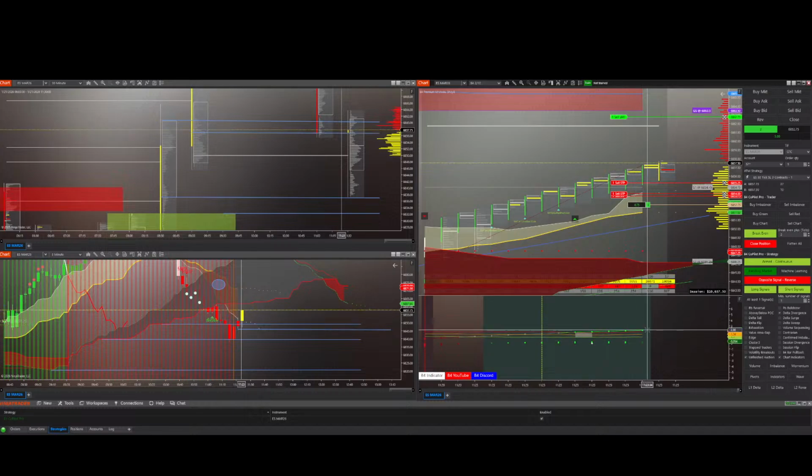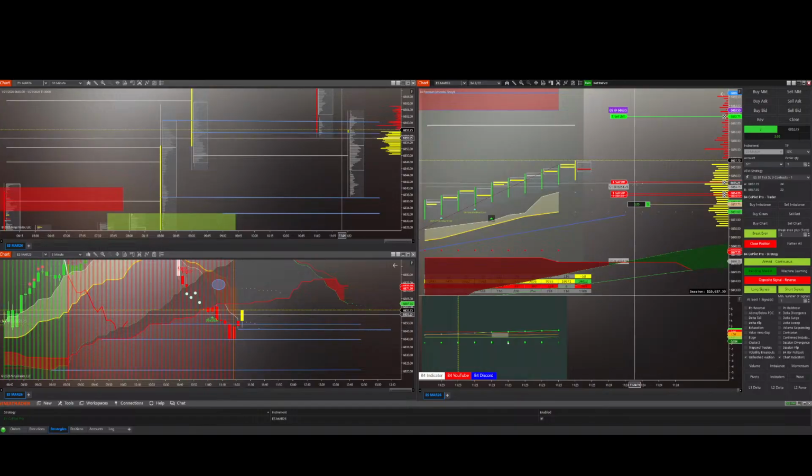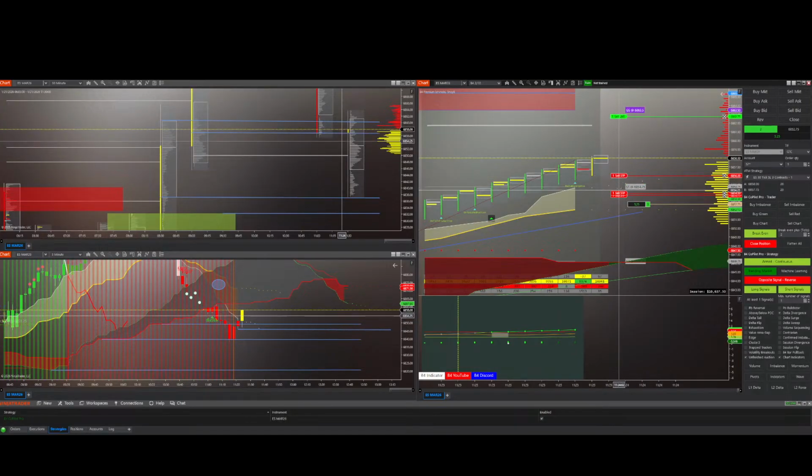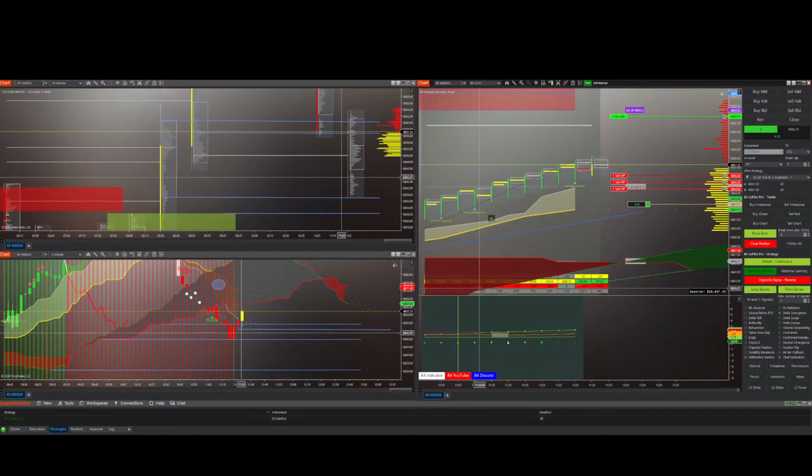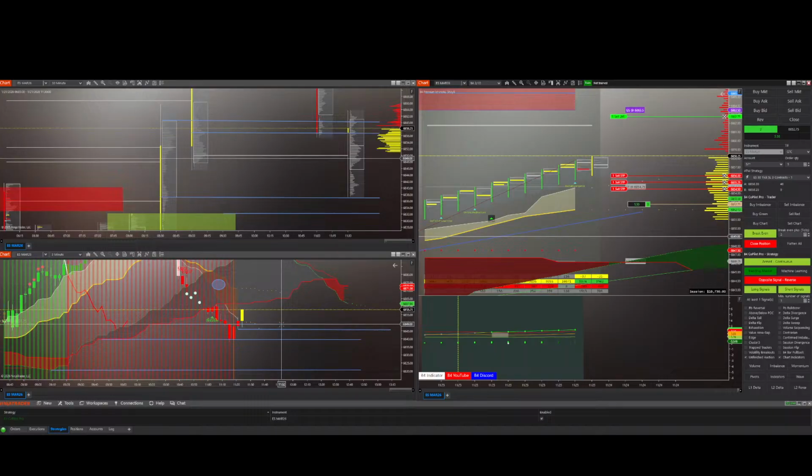Lower B4 still got room to the upside to about 3. That's where I want to go shorter.